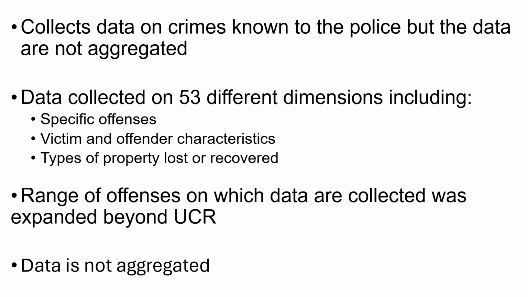We started to see a major focus on the incidents themselves instead of the most serious crime. So we could dive in a little bit deeper with the NIBRS to find information that we needed.